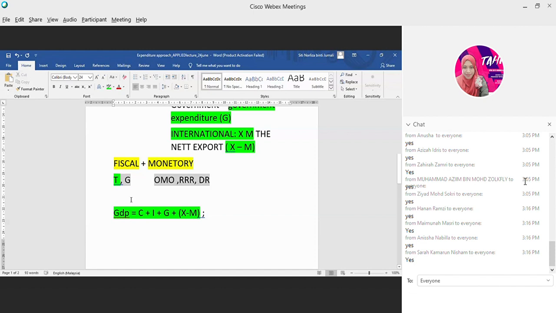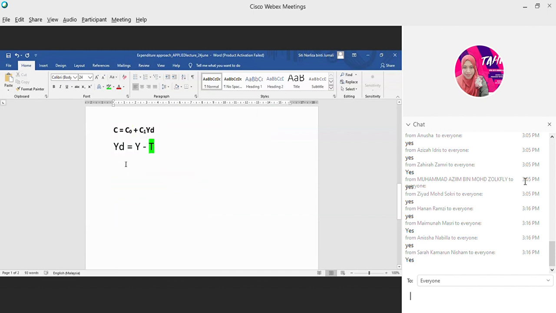Okay? So now the T over here will affect the C. How will it affect it? Because we have another component over here, which is C, consumption, depending on the income. That's why we call it YD, disposable income.